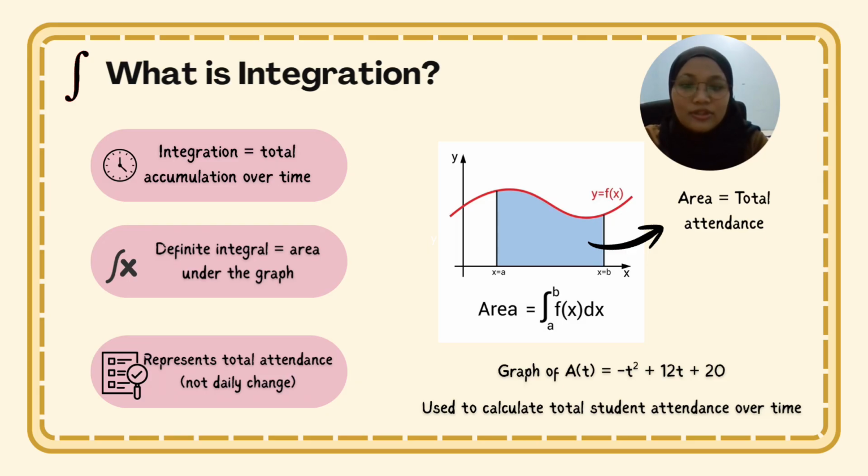The definite integral can also be understood as the area under a graph. This area represents the total accumulated value. So, integration allows us to move from instantaneous changes like daily attendance to a cumulative total over time.